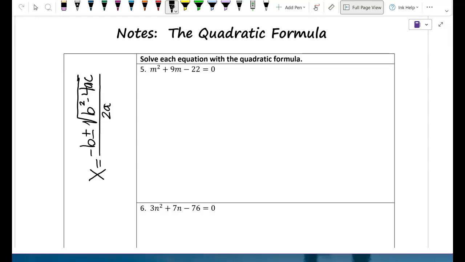So number 5, m squared plus 9m minus 22 equals 0. One side is already equal to 0, so we don't have to move anything around. So we can go into identifying a, b, and c. In this case, a equals 1, b equals 9, and c equals negative 22.